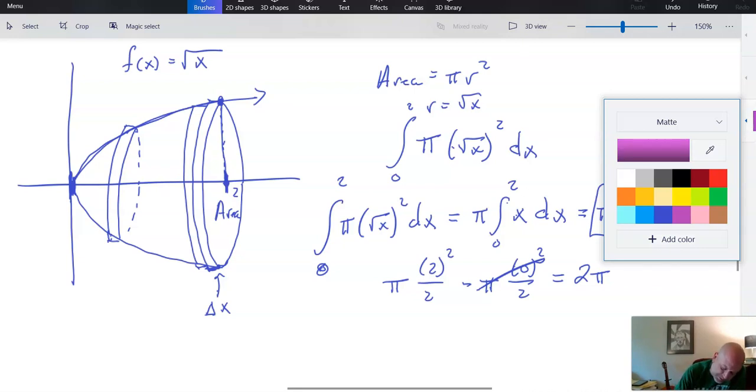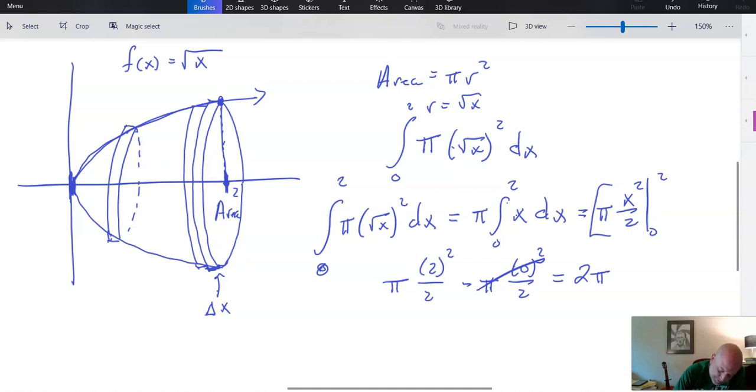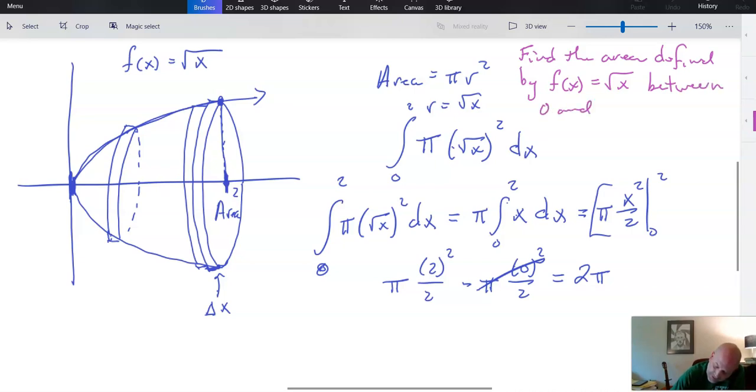Yeah, it would say something like, find the area defined by f of x equals the square root of x between 0 and 2.